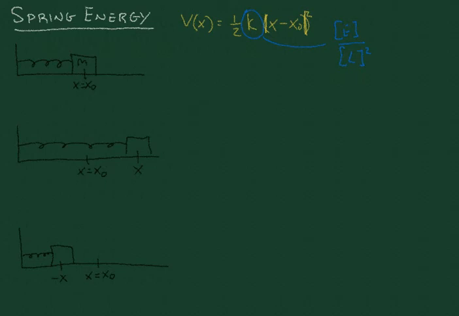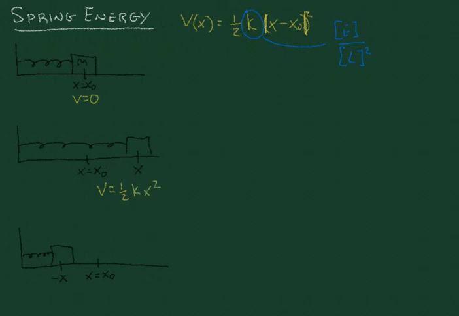So we can see why, after we've stretched it a distance x, it doesn't just go back to the origin. Initially x minus x0 is 0, so we're setting our reference potential to be at this point when it's in equilibrium. When we stretch it all the way to the right, x minus x0 is just x, so the potential energy is 1/2 k x squared.